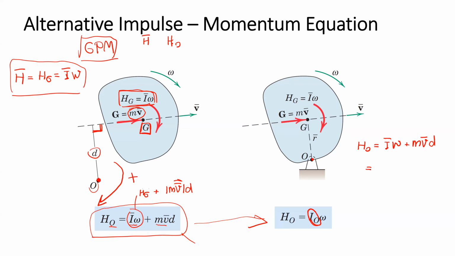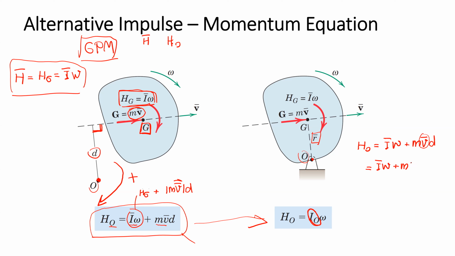So here we have I bar omega. If we have the fixed point O, we can relate the magnitude of v by r bar.